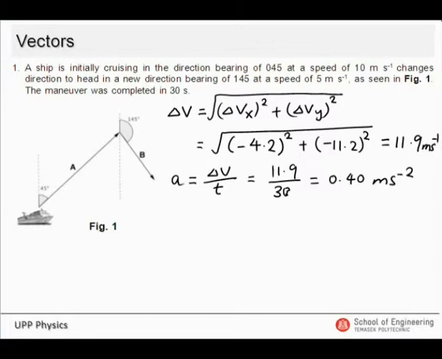But can you stop here? No, you can't stop at the magnitude, because acceleration is a vector. You need to indicate the direction of this acceleration. So how are you going to calculate the direction? Easy. Let theta be the direction, and it's actually equal to this formula.